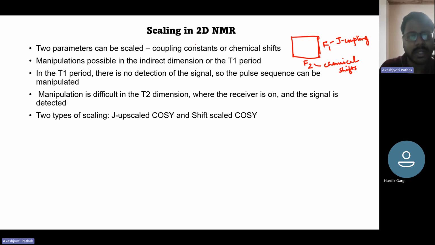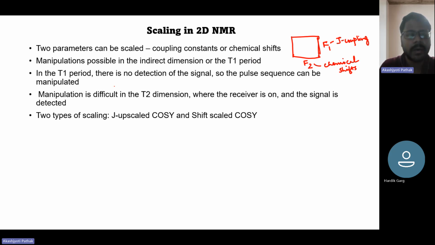One thing to note is that scaling is possible only in the t1 period, which is also known as the indirect dimension. In the t1 period, the signal is not collected, so any manipulation is possible there because data acquisition does not take place.